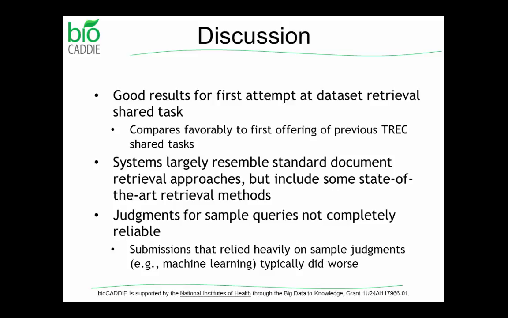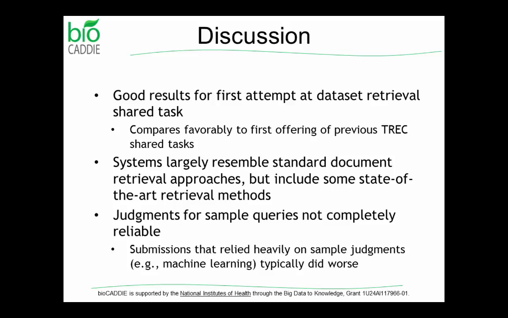Normally when we do TREC tasks, and it's the first instance of a TREC task, the first year the results are terrible, and they improve year over year as people get used to the challenges in that particular type of information retrieval. So given that it was really the first offering, I think the results were quite good. The participation was pretty good too, given the short time scale and the fact that this was offered outside of TREC.